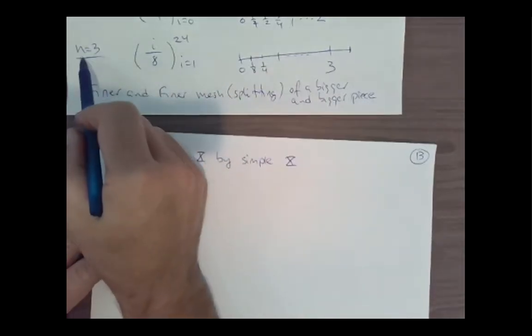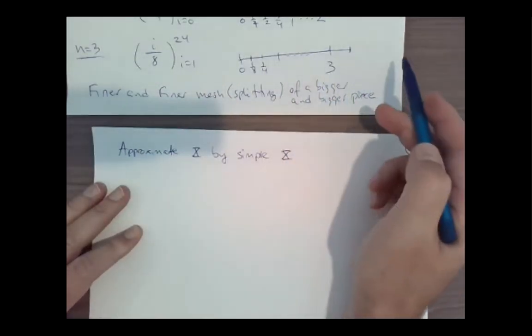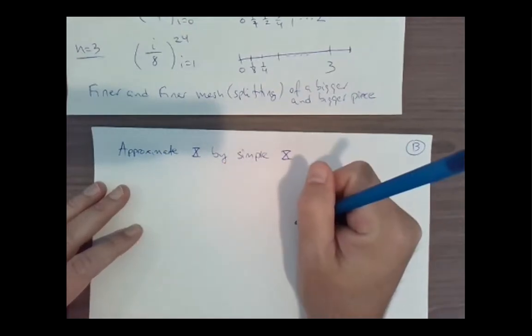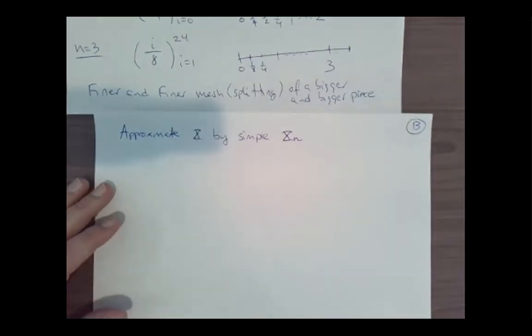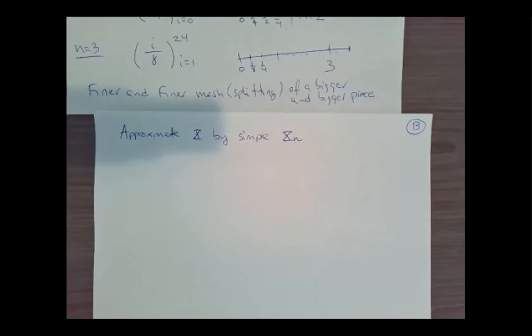Remember, n is the index that controls how fine my splitting is and how long it goes up. So I need to go from x to xn. Okay, so how do I do that?